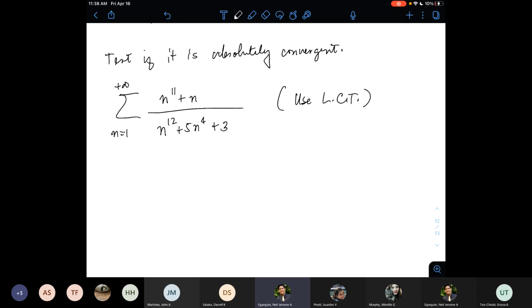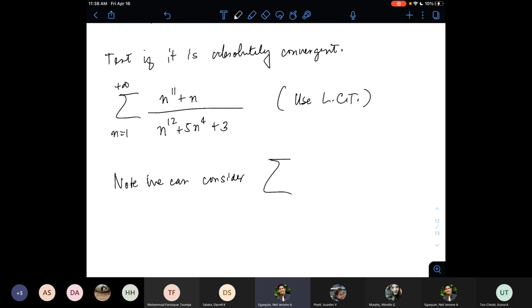Because I can design a series that will behave exactly, in the limit, proportional to this one. So if I'm using the LCT, we note that we can consider this testing series.